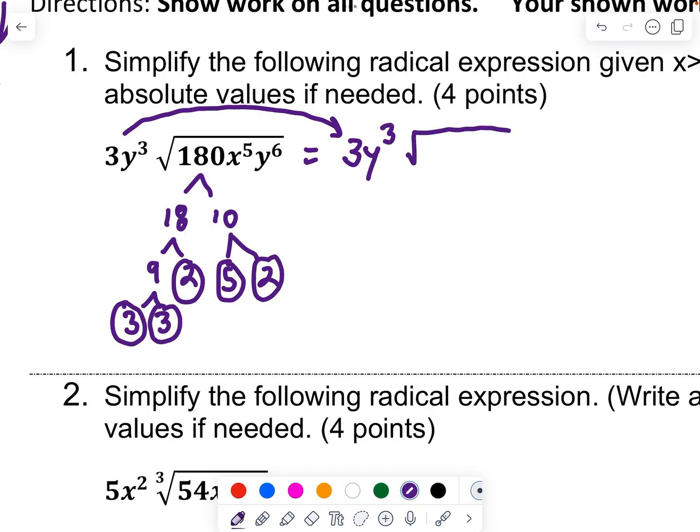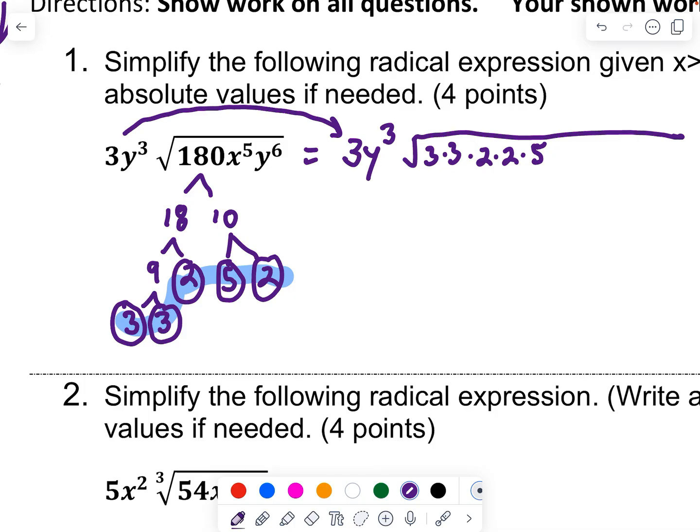And then inside the square root, instead of writing 180, I'm going to write what is the same as 180. I'm going to write all these factors right here. So I've got 3 times 3 times, I like to put my numbers that are matching right next to each other. So 3 times 3 times 2 times 2 times 5. That is the same as 180.